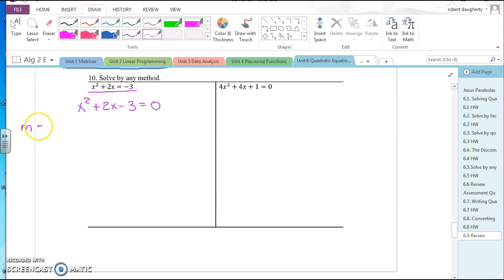It looks like if I had a 3 and a negative 1, those multiply to negative 3 and they add to positive 2. So this is x plus 3, x minus 1 equals 0. Therefore, x equals negative 3 or 1.